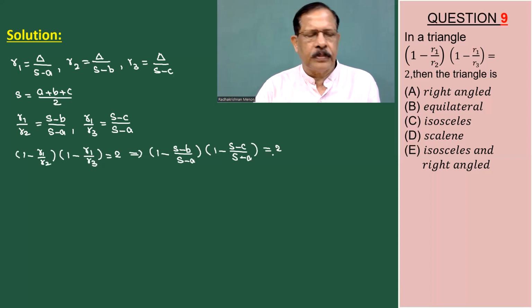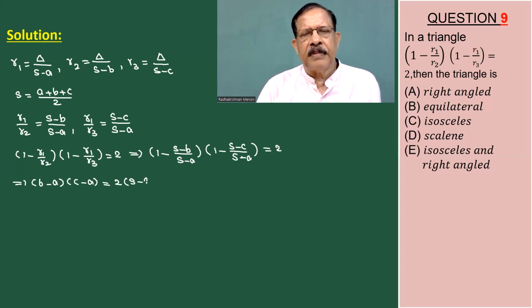Okay, we simplify this. Here in the numerator S is getting cancelled, so we are getting (B − A)(C − A). On the RHS it is 2 into (S − A)(S − A), that is (S − A) the whole square. S − A is 2 into ((A + B + C)/2 − A) the whole square.